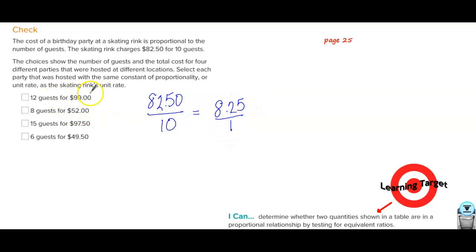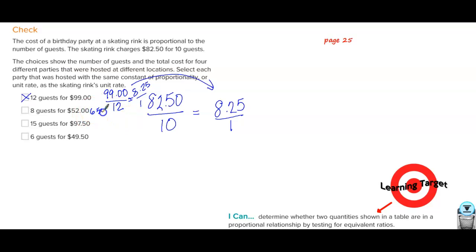So you come over here and you're challenged to take the price and divide it by 12 to see, is this equal to this? Do we get the same answer? You would do 99 divided by 12, right? 99 divided by 12 is 8.25. So because this is equal to 8.25 over 1, we check that box. 52 divided by 8 is 6.50.